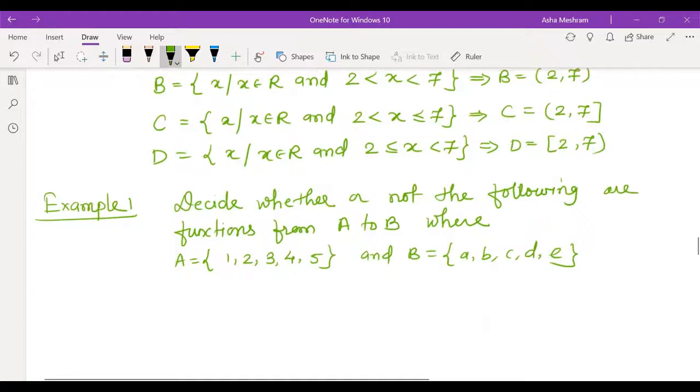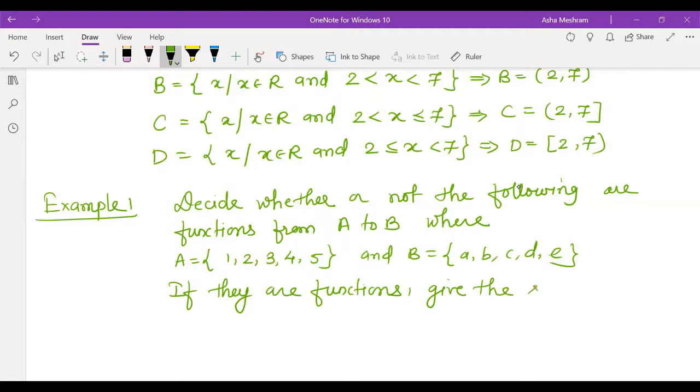If they are functions, give the range of each.